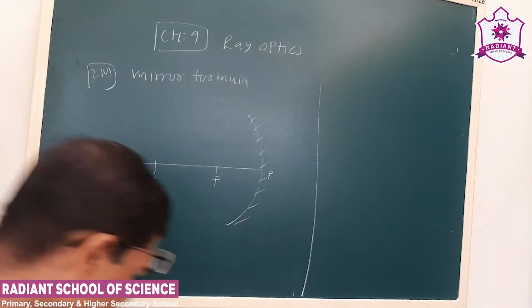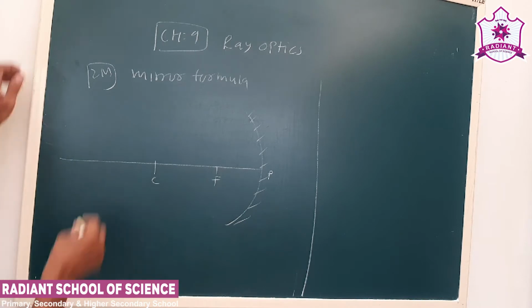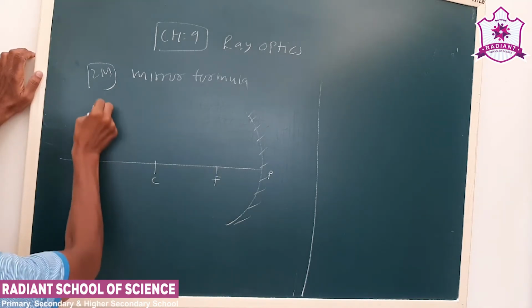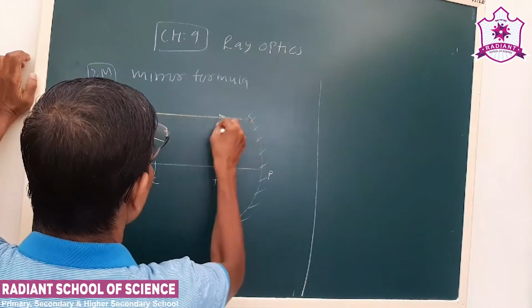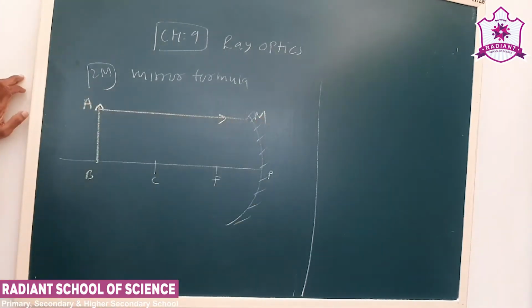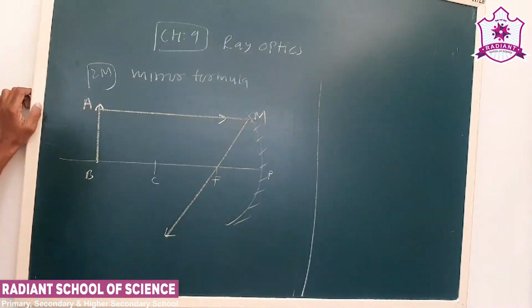We will follow the Cartesian coordinate system. Let us say AB is the object, incident at M. Now the first ray, parallel to the principal axis, after reflection it will pass through the focus.